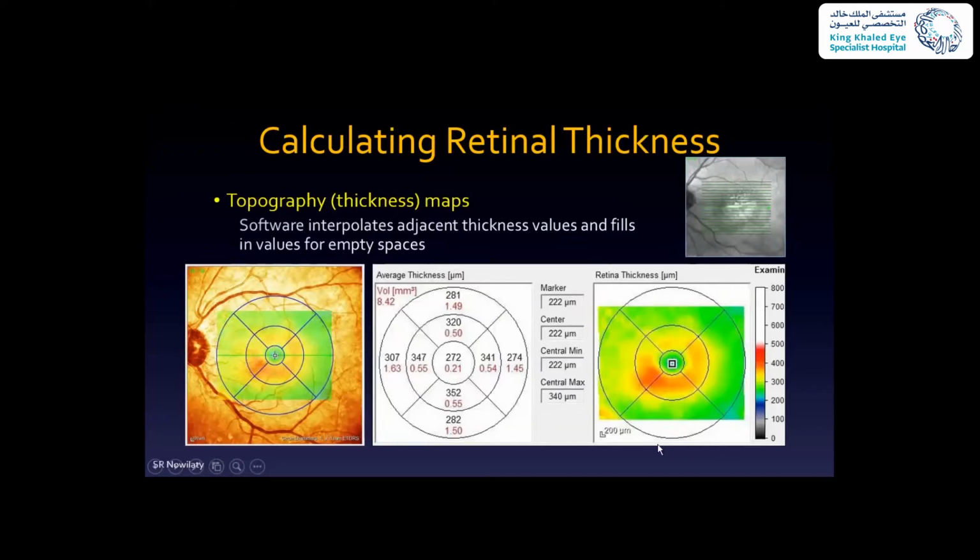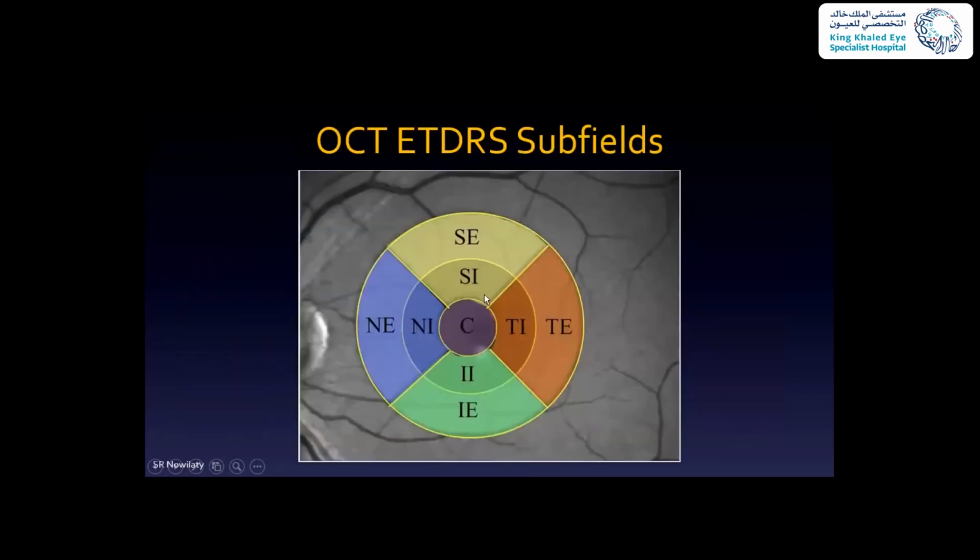Here it is, showing the center of the macula and perhaps an area of increased thickness in here. If you want to know the exact thickness, look at this. Everything in black is thickness, and everything in red is volume. So it gives you the idea of the volume of the central field, but also the average thickness of the central field.